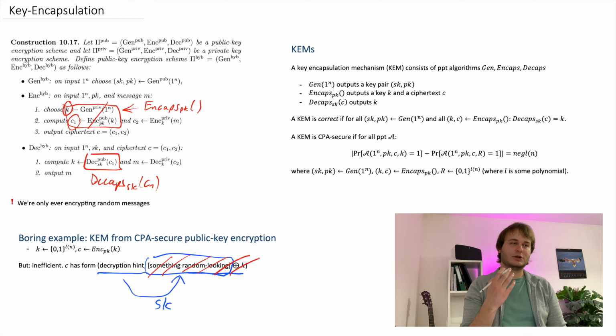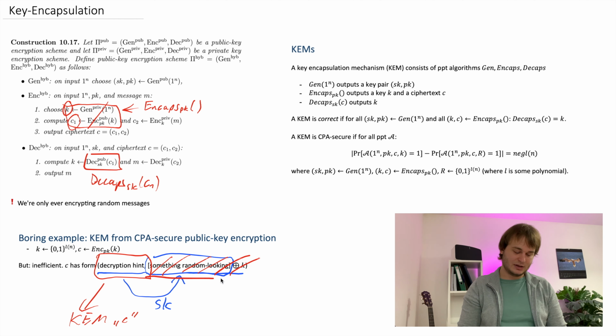So basically what all of this KEM stuff will boil down to is if we have an encryption scheme that has this form, that it provides a decryption hint that allows you to recreate something that's looking pretty random, that was there used to blind the message. Then we just remove this part with a blinded message, and our KEM will just contain this decryption hint. So the ciphertext is definitely much smaller now because it doesn't contain this second part anymore.